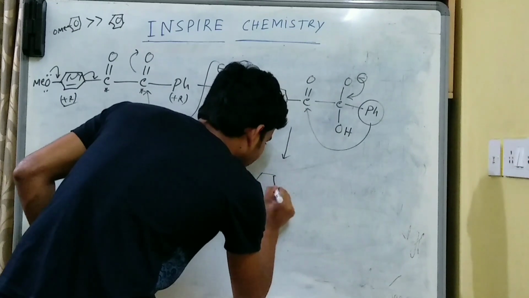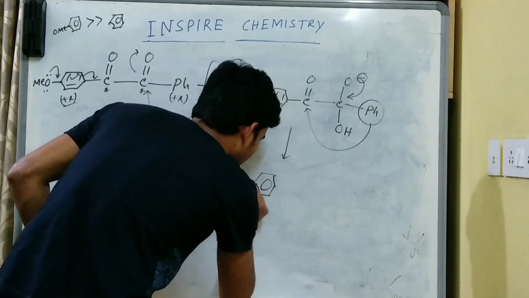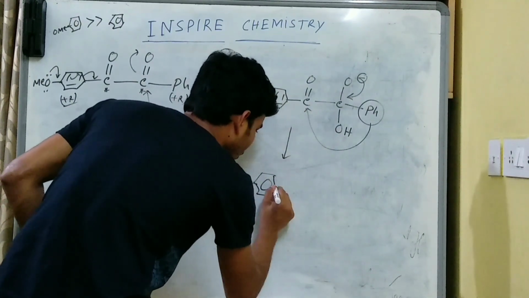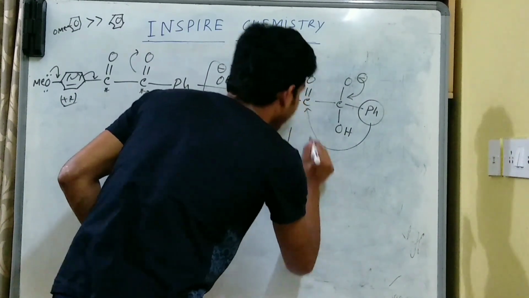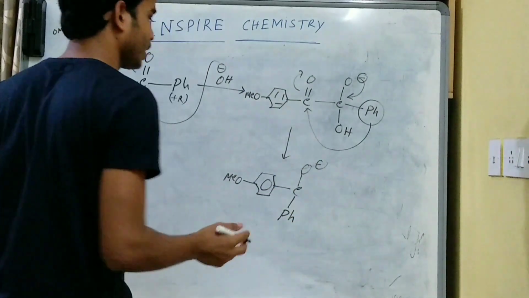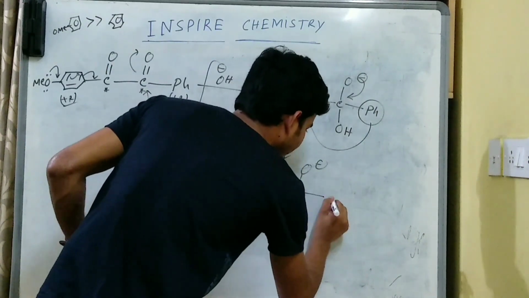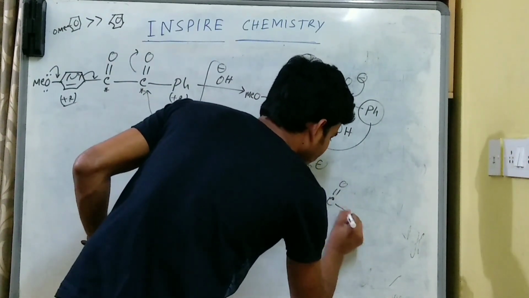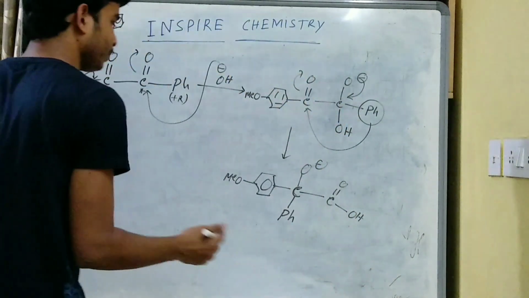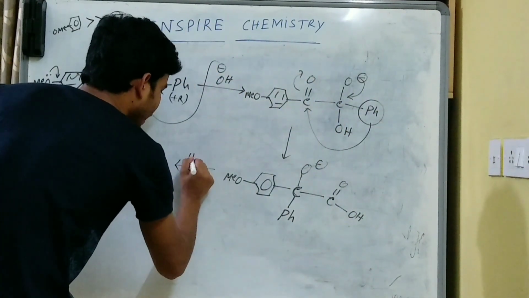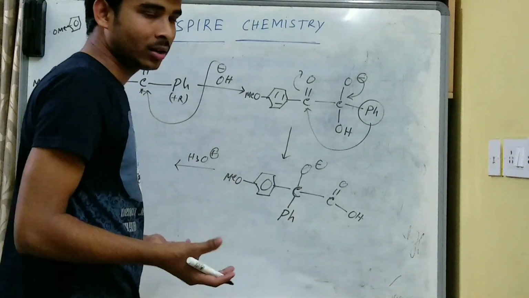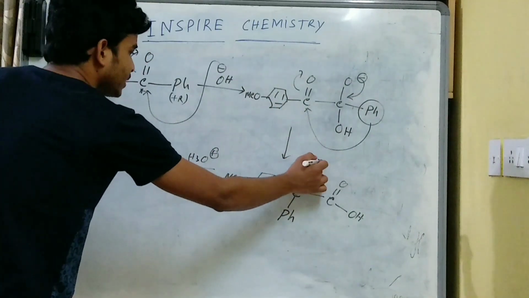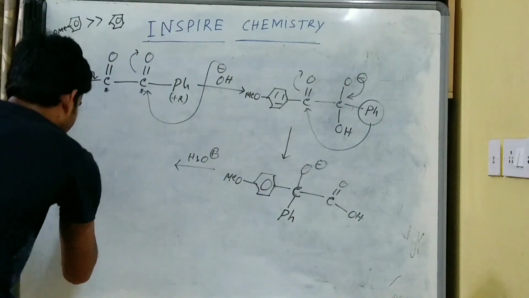Like this, OMe-Ph, C, Ph, this is released here, and this carbon has C double bond O, OH. After that, when we use H3O plus, that is mild acidic water, this O minus takes the proton and forms like this.